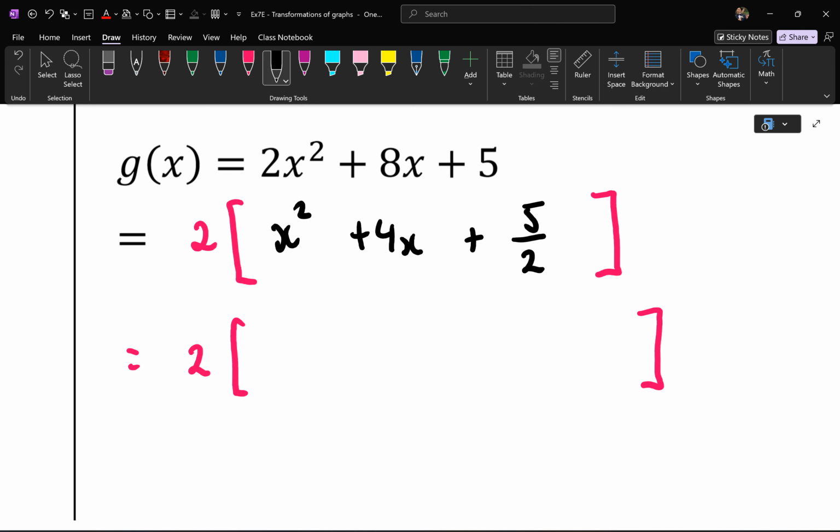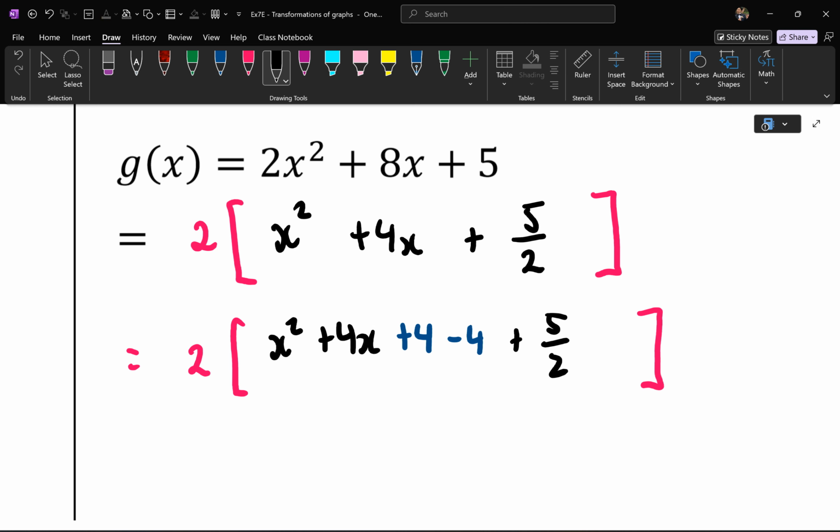So if you half 4, you get 2, and then you square it, 4. So that means you need a plus 4 and a minus 4 to make this statement true. So here I'm going to write it again. It's x squared plus 4x, and I'm going to put in plus 4. I'm minusing 4 because it never existed.